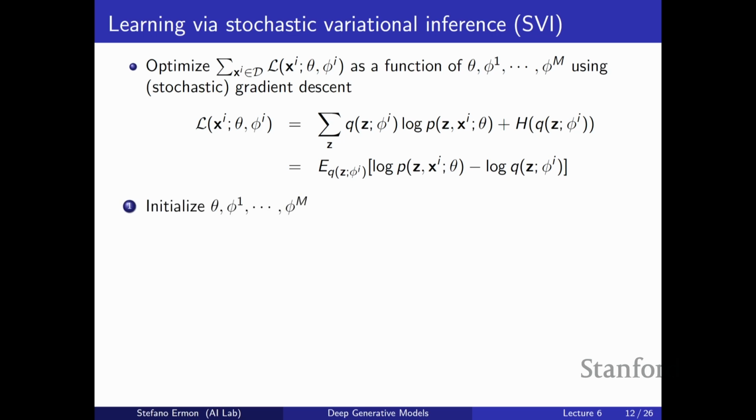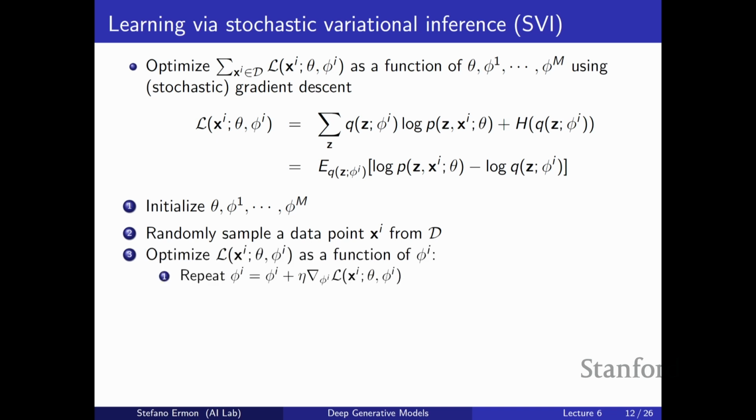So what you could do is initialize all the optimization variables somehow, and then randomly sample a data point, and try to optimize this quantity as well as you can as a function of the variational parameters. So you compute a gradient of the quantity with respect to the variational parameters.